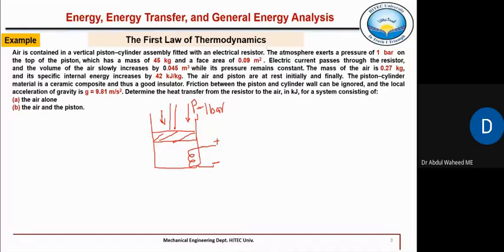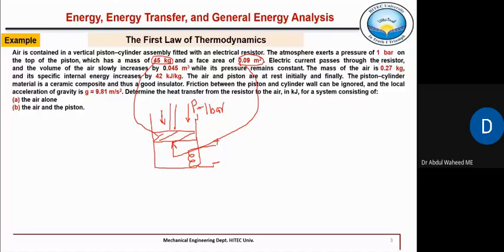So the atmosphere exerts a pressure of 1 bar on the top of the piston, which has a mass of 45 kilograms and a face area of 0.09 meters square. It means the face area of this piston, it will be a circular piston, so this circular cross-sectional area of the piston is 0.09 meters square.